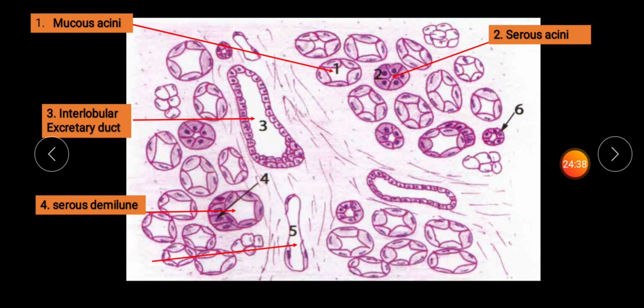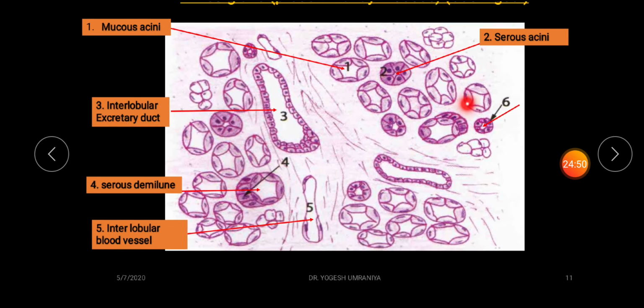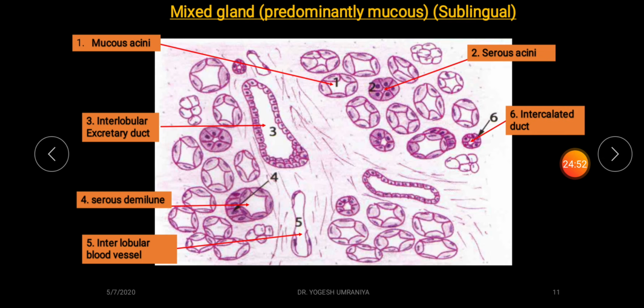Last one, you can see this is the structure within the connective tissue septa, that is termed as the interlobular blood vessel. Number 6 is the intercalated duct, which is having the epithelium of the simple cuboidal type.